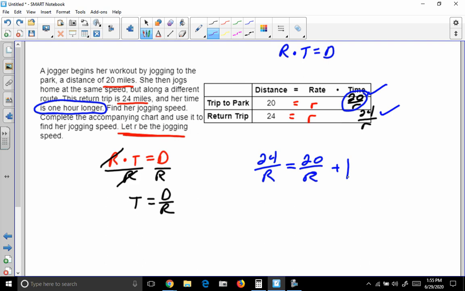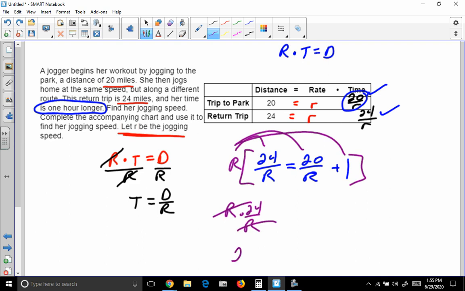We have fractions with r on the bottom. We want to make the r's go away. So we're going to multiply each term by r. When we multiply the left side by r, the r's cancel, giving us 24. When we multiply the first term on the other side by r, the r's cancel, giving us 20.